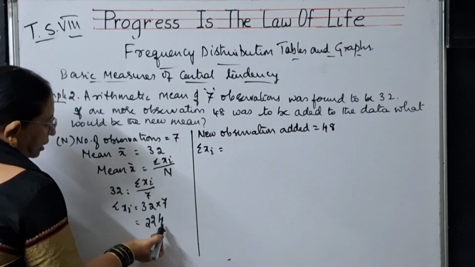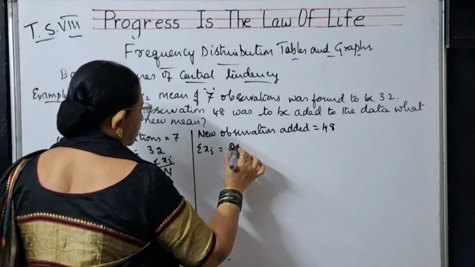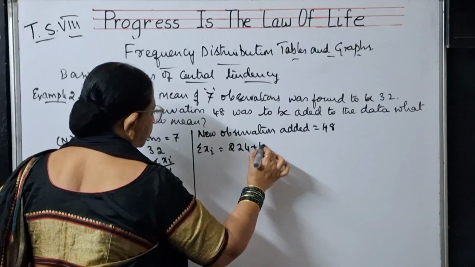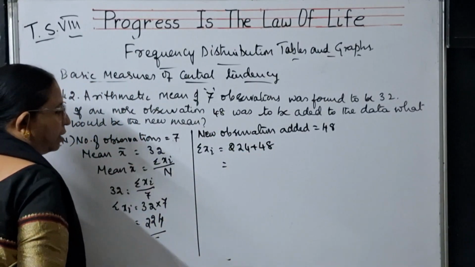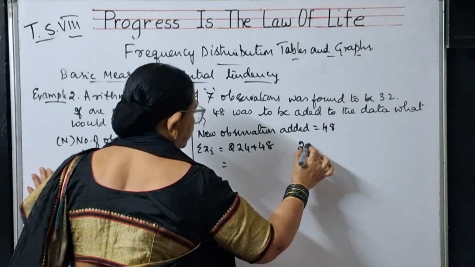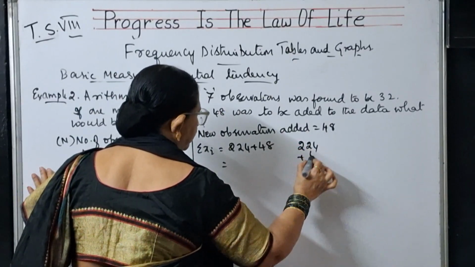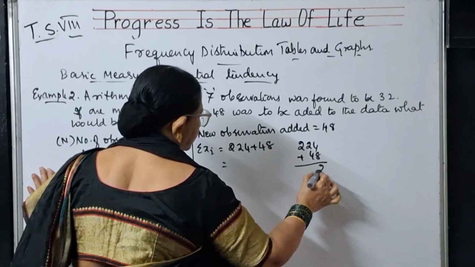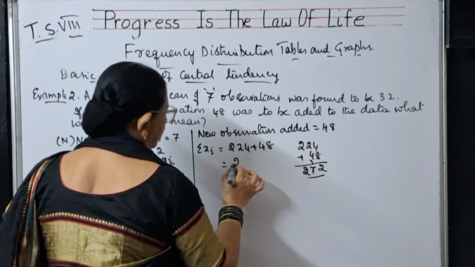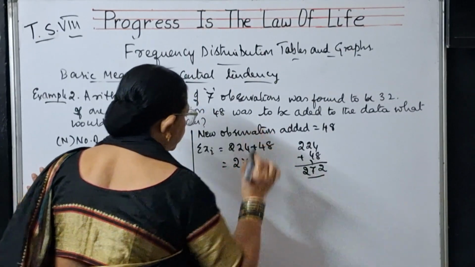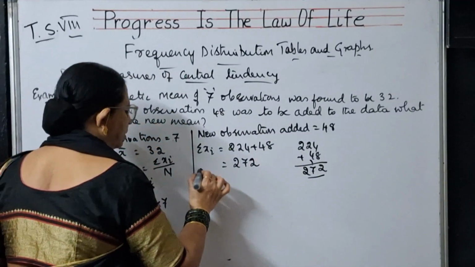Here you have got earlier 224. For this 224, we have to add 48 because one more extra value is added. So 224 plus 48, you are getting 272 is the sum.